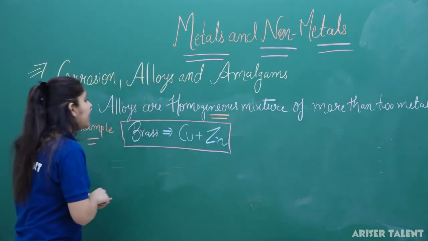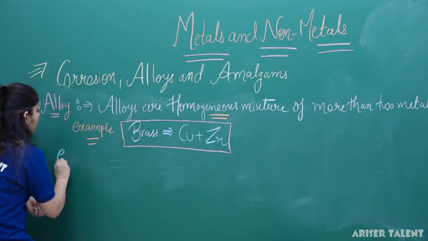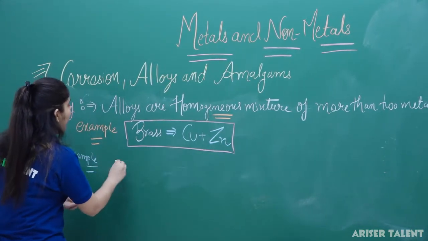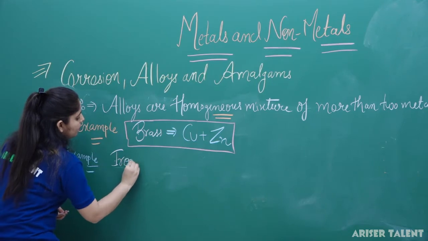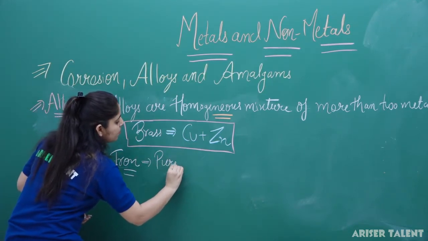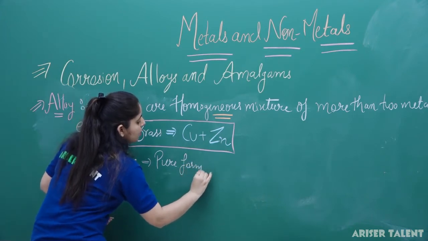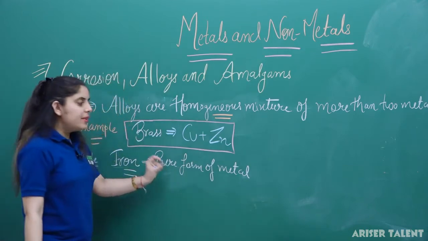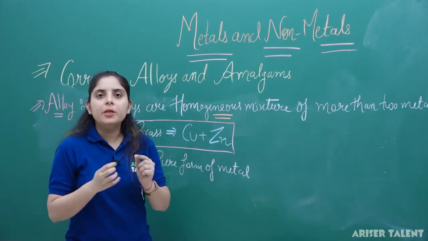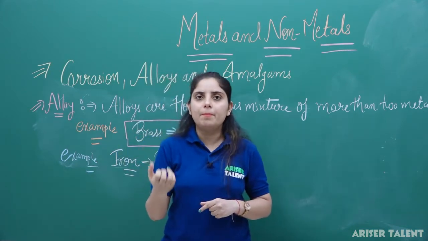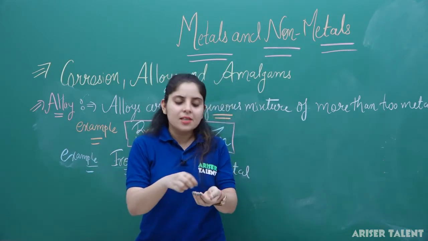So what we are doing here is taking an example of iron. We know iron is actually the pure form of metal. But this pure form of the metal cannot be used because when iron is heated or exposed to different kinds of temperature, it starts stretching, changing its properties.